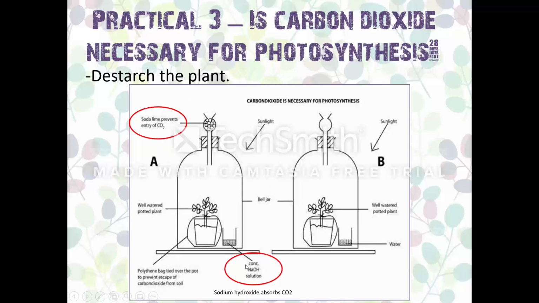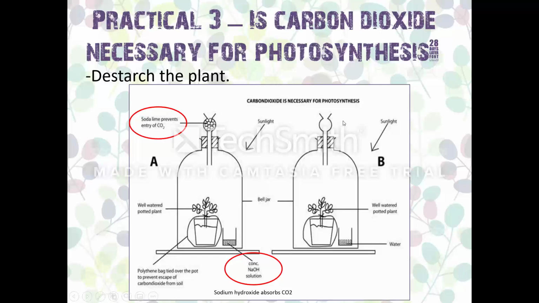When I set up my control, my bell jar, I have to, one, use soda lime. Please, this is important. Soda lime. I have to use soda lime in the entry point, like a straw tube in the top of the jar, to prevent the entry of carbon dioxide. So I don't want any excess or extra carbon dioxide to enter.